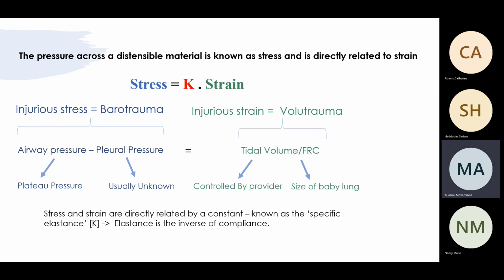If my tidal volume, let's say the tidal volume I gave to Mindy, her FRC is only 100, and I gave her 500 cc. Her strain was what? 4.5, or 5? 5. The 5 times 12, that's what our stress is, which is 60. That's very high.